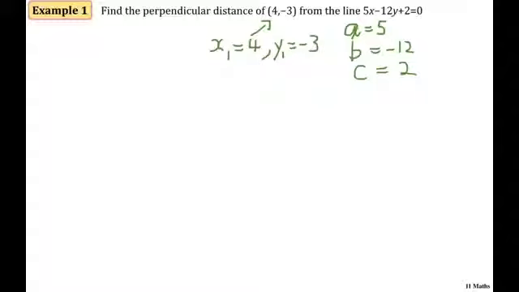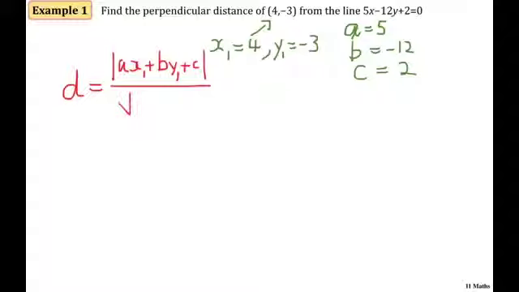And what was the formula again? The formula is the perpendicular distance equals the absolute value of a x1 plus b y1 plus c all over the square root of a squared plus b squared. So let's see what we get.